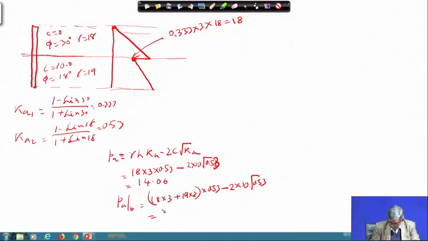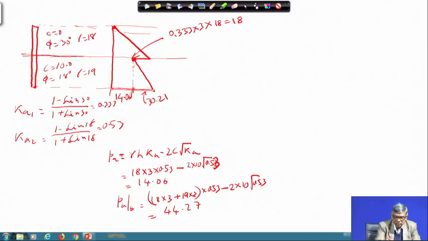So, if you calculate you get 44.27. So, this is 14.06, and this value then will be 30.21.